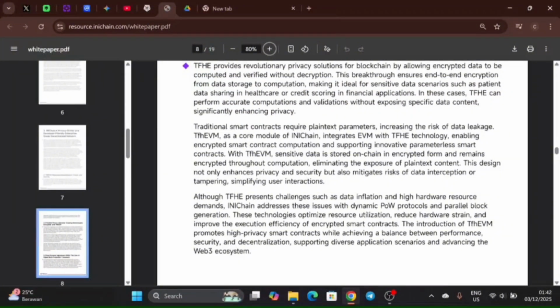They address the issue with a dynamic proof of work protocol, which means everyone can do proof of work, and also using parallel block generation. This technology optimizes resource utilization, and it means they optimize the usage of the hardware resources, reduce hardware strain, and improve the execution efficiency of the smart contract. It's very interesting again.